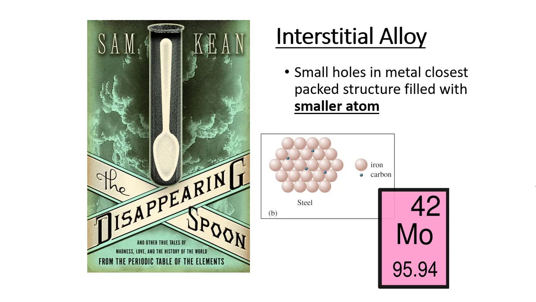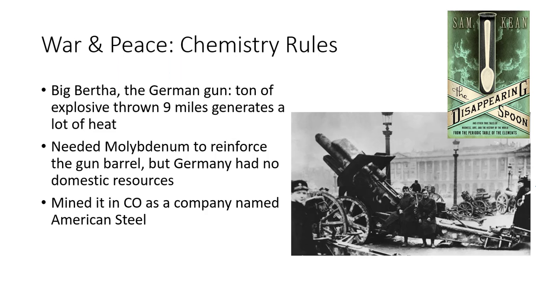In this case, we have steel, which could be made with iron, and then carbon is smaller than iron, and so it fills in the little bitty gaps, the holes in the closest packing structure for iron. That's a fun way to see an interstitial alloy. But why I brought up The Disappearing Spoon was molybdenum. Its role in World War II was explained as an interstitial alloy example.